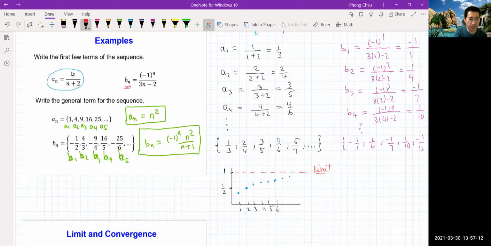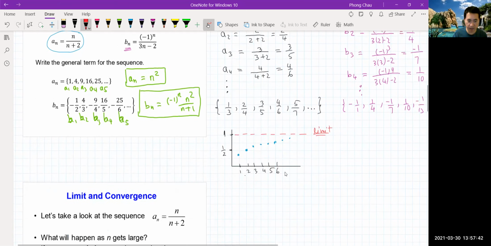How do I know? You look at this again, in n over n plus 2, the numerator is always less than the denominator, so that ratio has to be strictly less than 1. But as n gets huge, if you take n to be like 1,000,000, then you have a million over a million plus 2, so 1,000,002. So that ratio is almost 1. So you can see that it's getting closer and closer to 1.